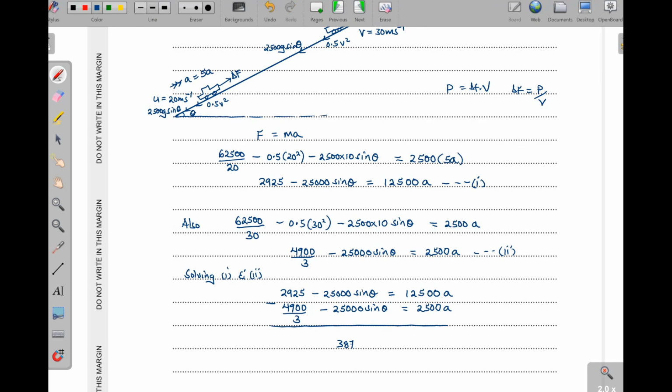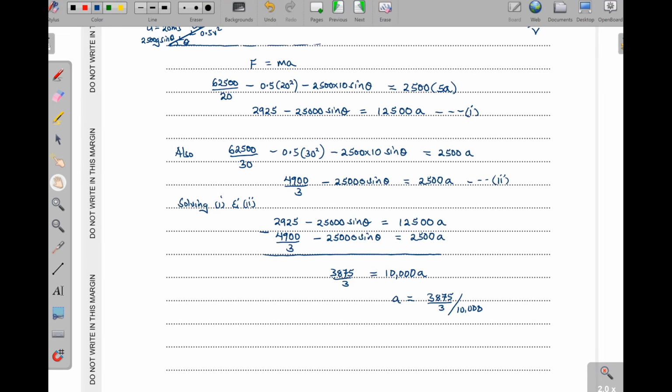3875 over 3. Then this one will be equal to, the 2500 is going away, so we have here 10,000 of A. So meaning A is going to be 3875 over 3, divided by 10,000.